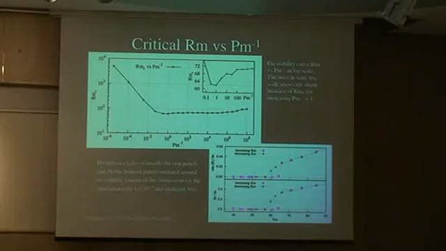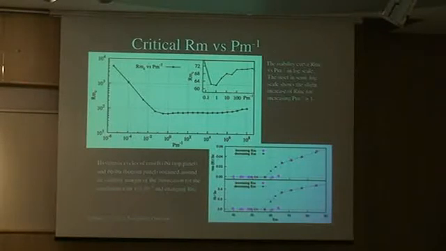And how did you obtain this result? Is this a result of this shell model? Not just the shell model. It's the result of the full model, because it's also in agreement with numerical simulations by Axel.